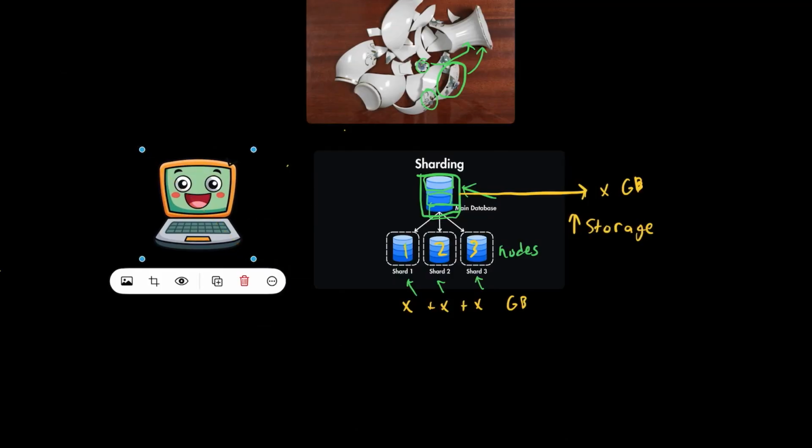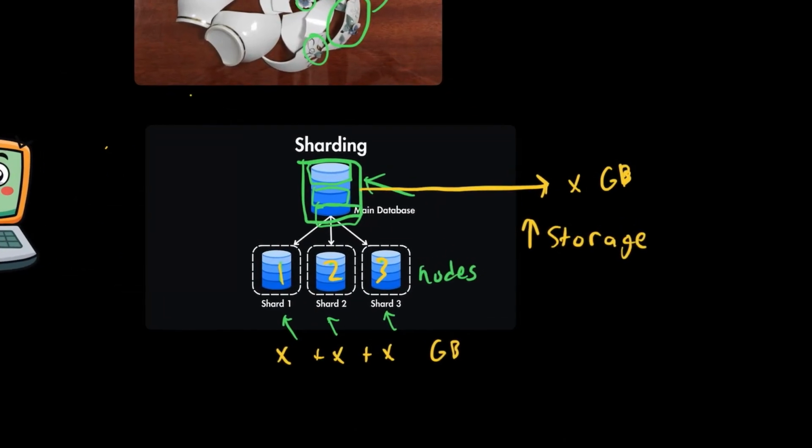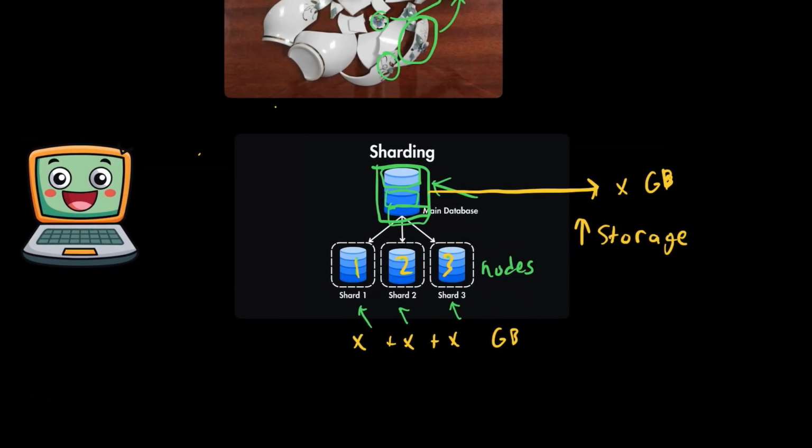Since the database is now sharded into these 3 little pieces, the client actually doesn't have to connect to the whole database. They instead only have to connect to the shard that has the specific piece of information that they want. The reason this is beneficial is that as we scale up and have hundreds of thousands of users, even more, each of those clients doesn't have to route to the same device.